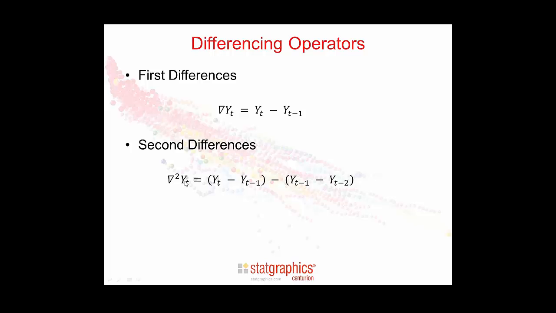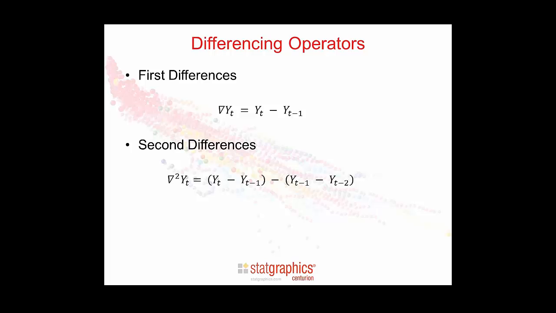Delta 2y sub t will stand for the second difference. And the second difference is the difference of the differences. So if you take the difference between what happened at time t and t minus 1 and subtract the difference between what happened at t minus 1 and t minus 2, you get something called the second differences.